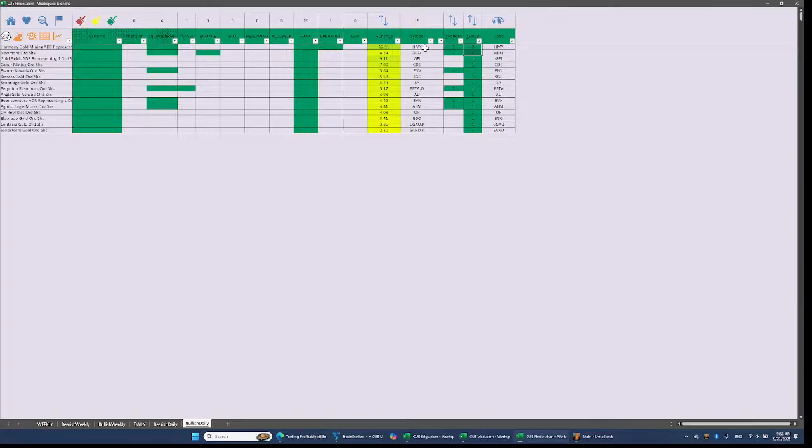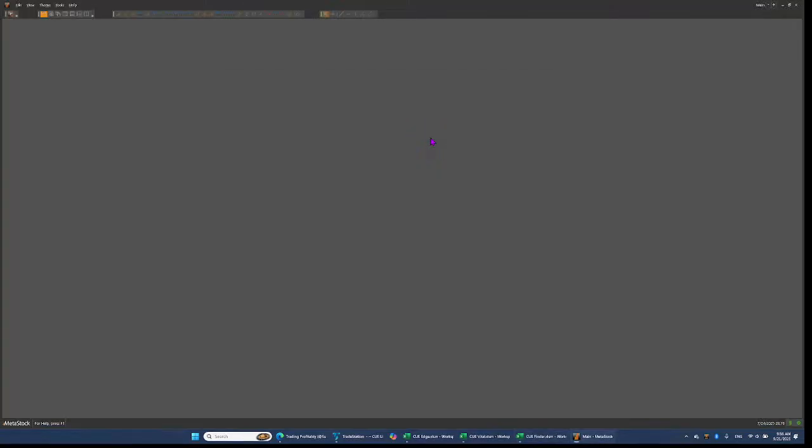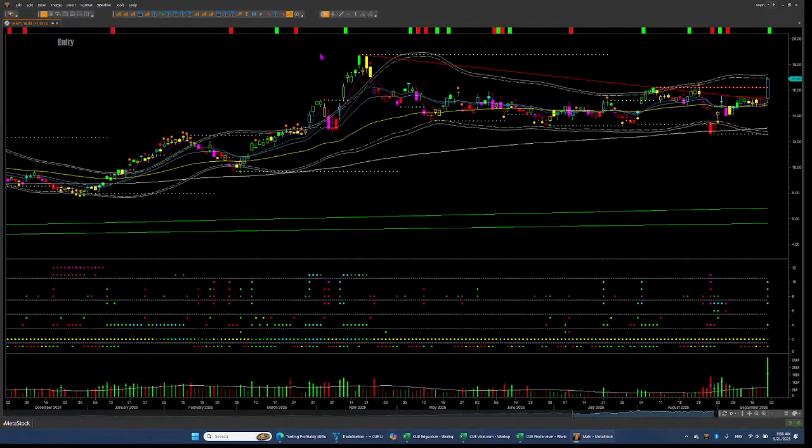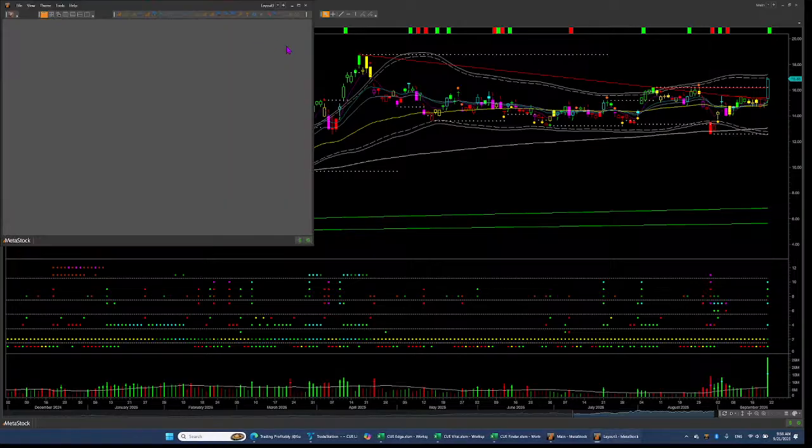So these two, Newmont NEM and HMY. Let's open the chart, and I would like to look at it with the comprehensive layout.